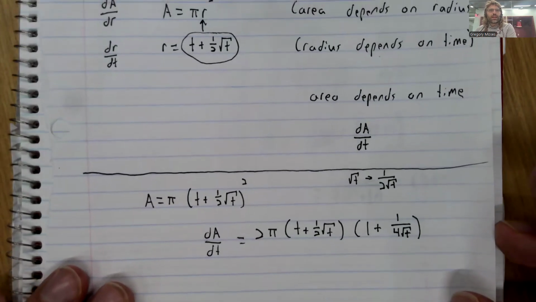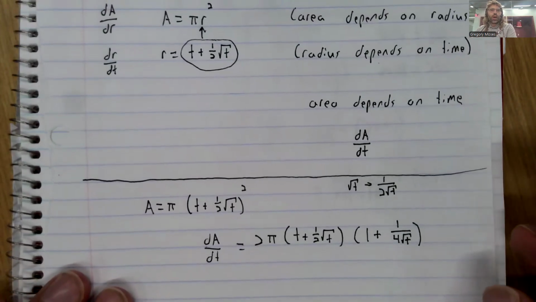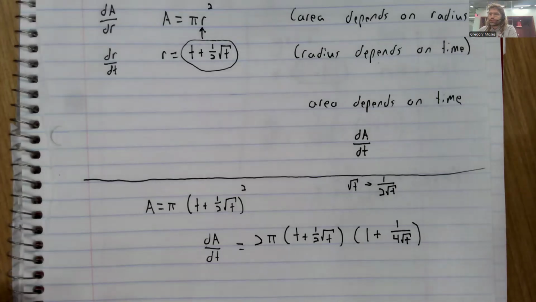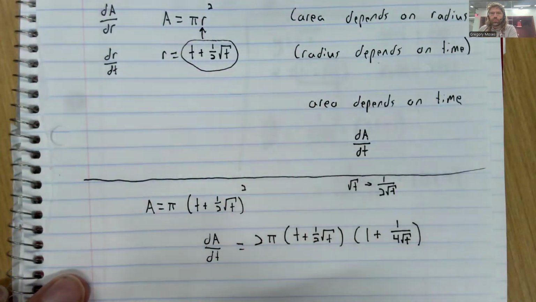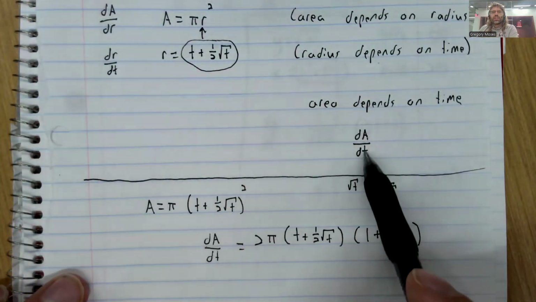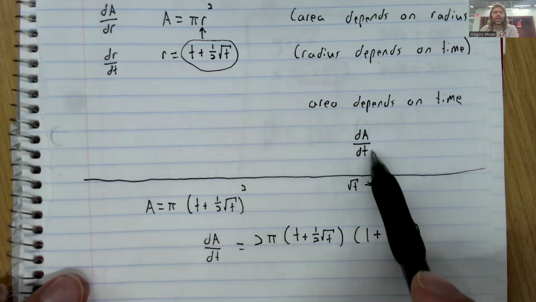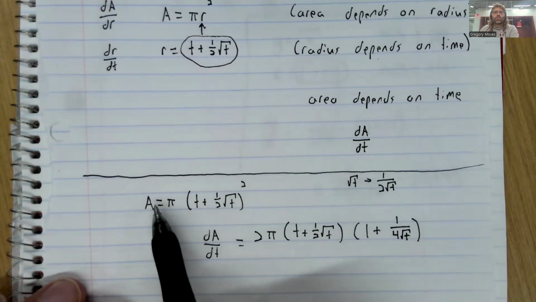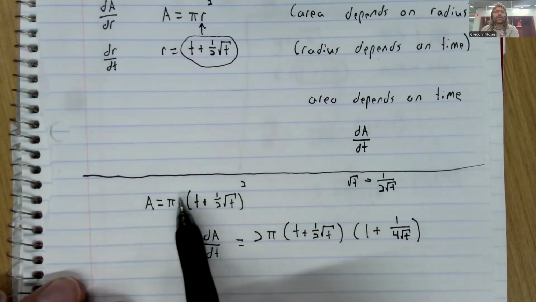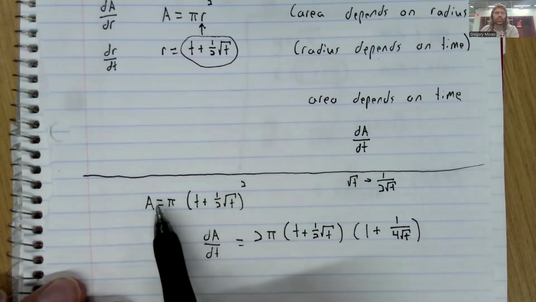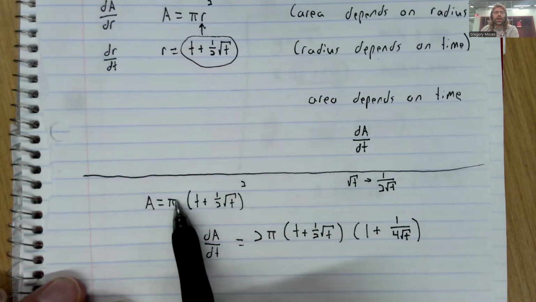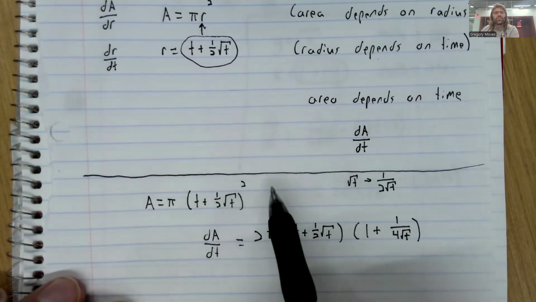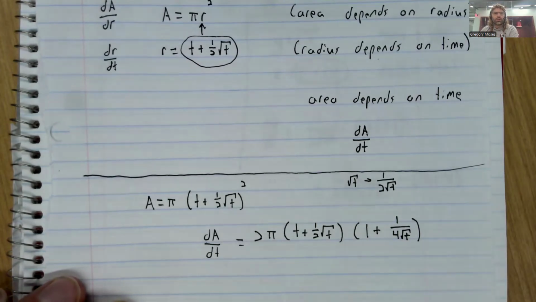Let's go back to the drop of water hitting a pond and creating a ripple. I asked for dA/dt, and I found dA/dt, but in order to do that, I had to create a new function. A equals pi times t plus 1/2 the square root of t, squared.